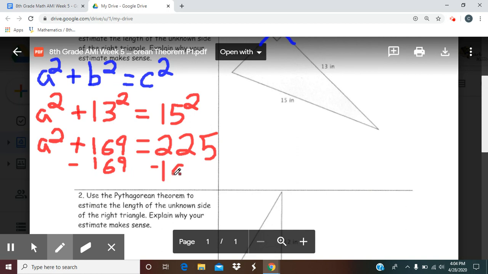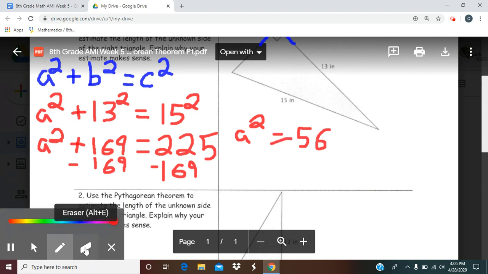Now, from there, we're going to get that a squared is equal to a number. That number is 56. So far we have a squared equals 56. But now I want you to ask yourself, is 56 a perfect square? Think about that for a second and then tell me what your answer is.